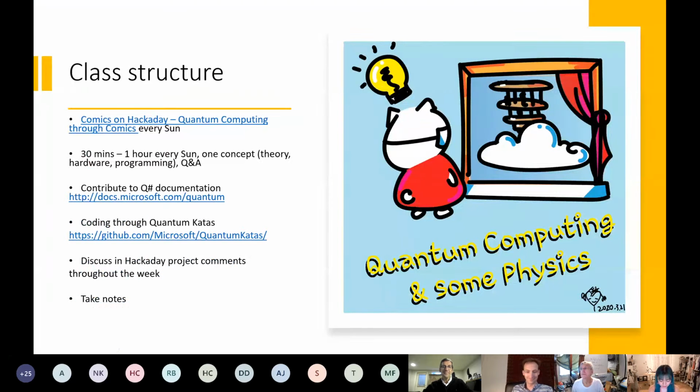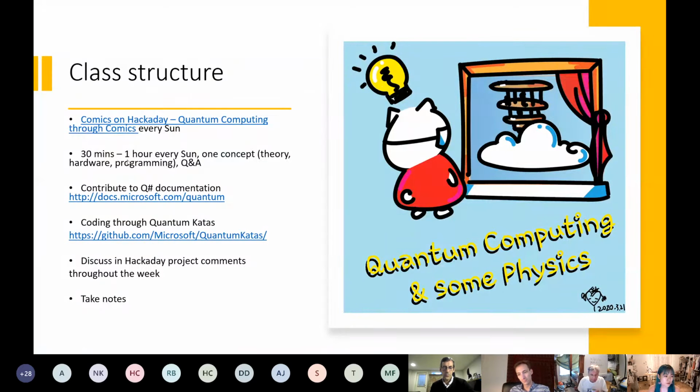Just a reminder to people who haven't been to this class, all the information is on Hackaday's project, Quantum Computing Through Comics. Every Sunday, unless I announce some special arrangement, like last weekend we didn't have a class, we would have a Sunday for 30 minutes to an hour talking about one topic.